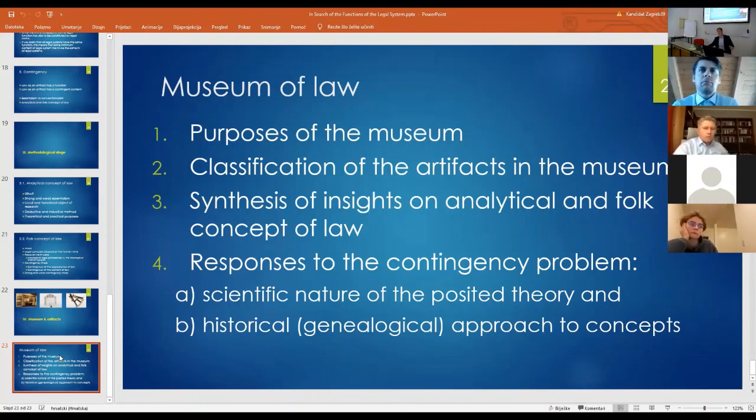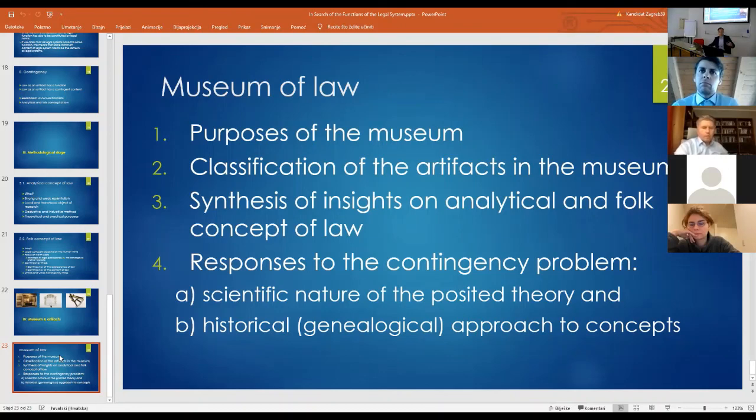Then it's possible to make a synthesis of insights, of the analytical and folk concept. And at the end, it's possible, as director of that museum, to respond to the contingency problem. And that also depends on the purposes again. The response could be, okay, we have this purpose, and when we decide what objects will be in that museum, we use scientific methods.